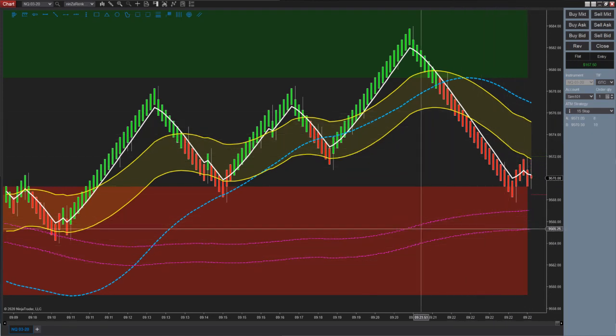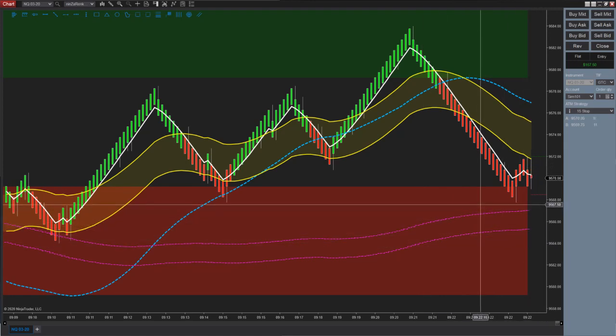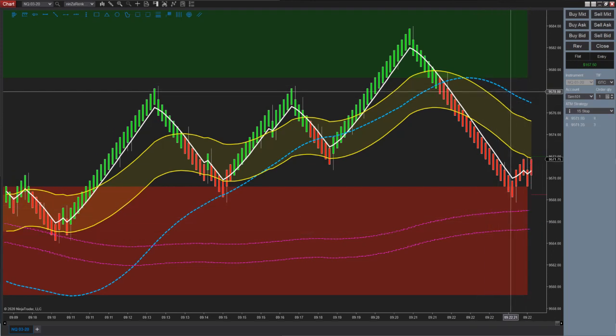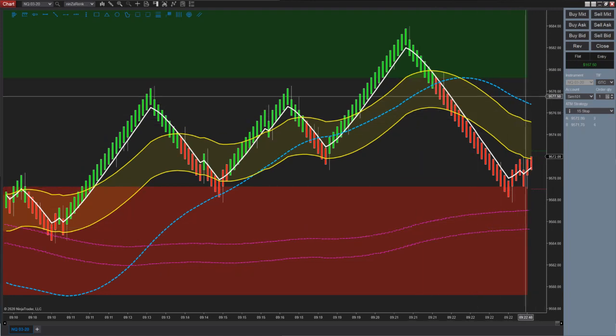Markets are, according to indicators, still long. We have 159 over 539, meaning long, but now that's becoming resistance.